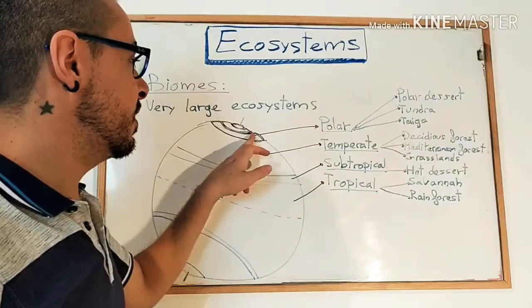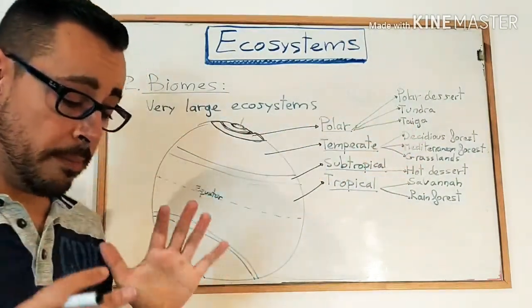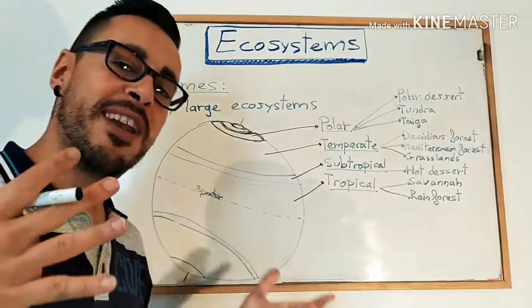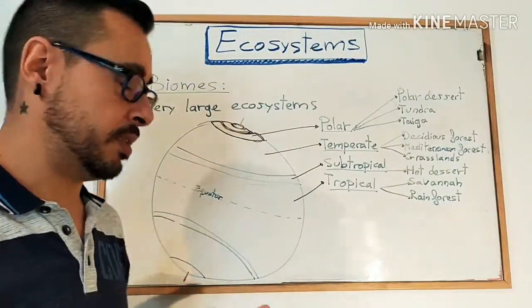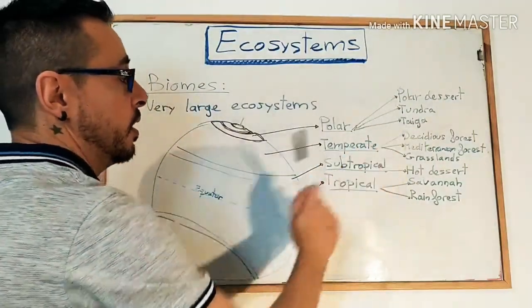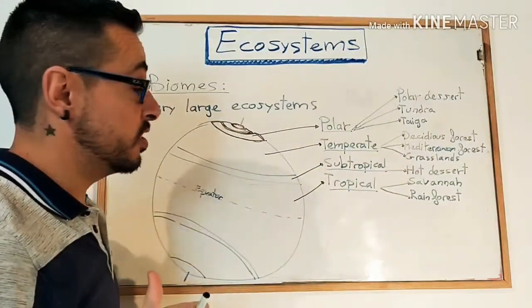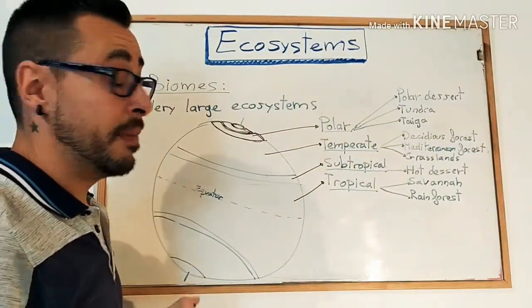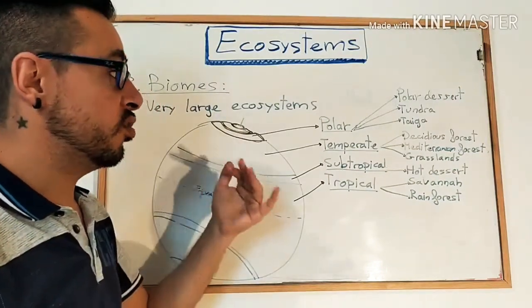Spruces and pine trees can grow here. And taiga is a biome made of big forests of conifers, spruces in this case. It snows during the winter, but the weather is not so cold, so it allows trees to grow.